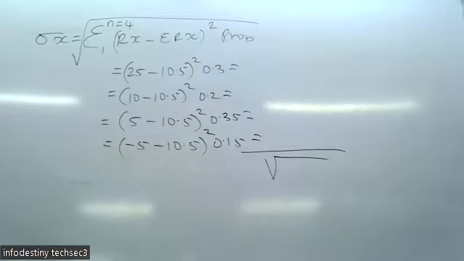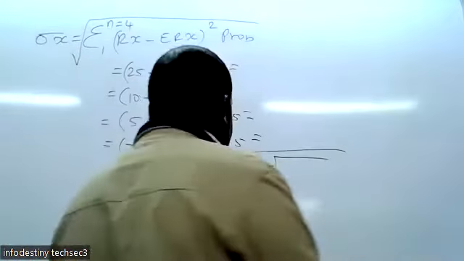So we get the total, then we get the square root for that.